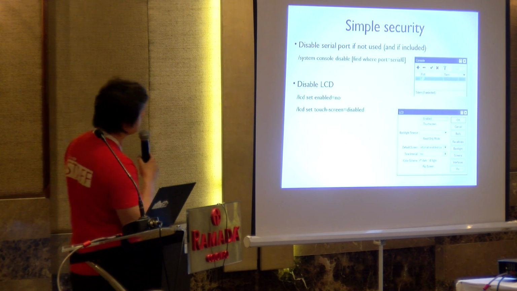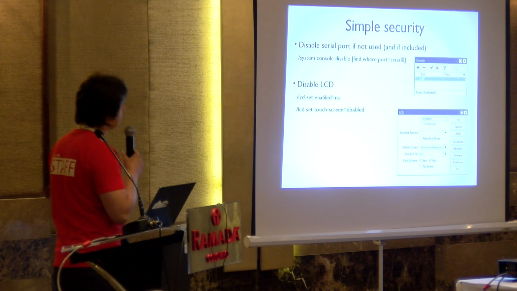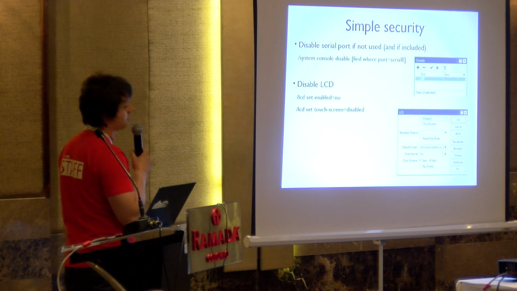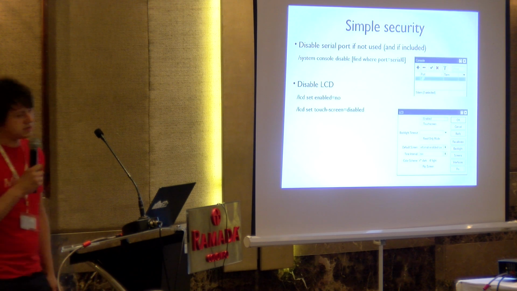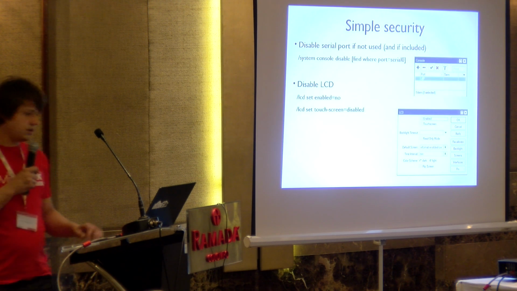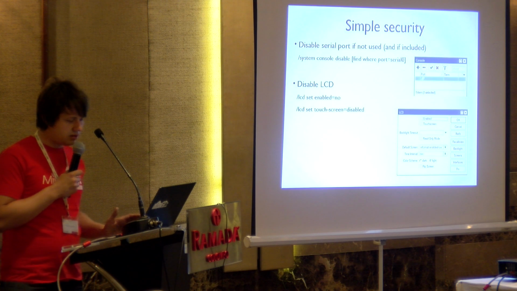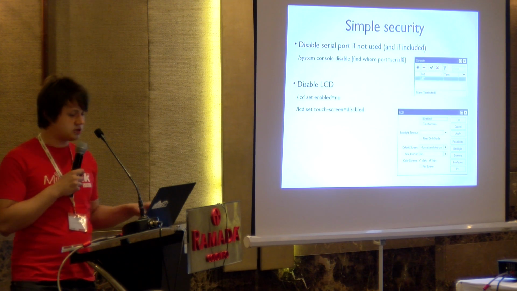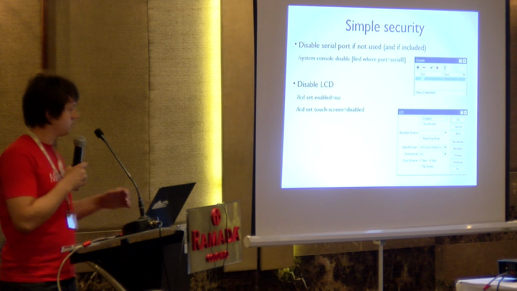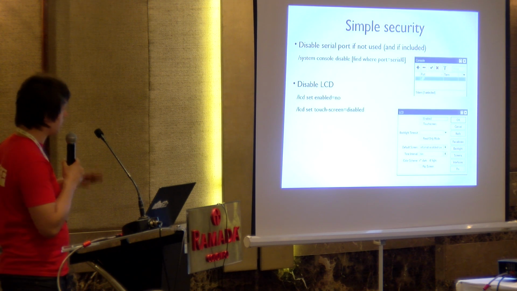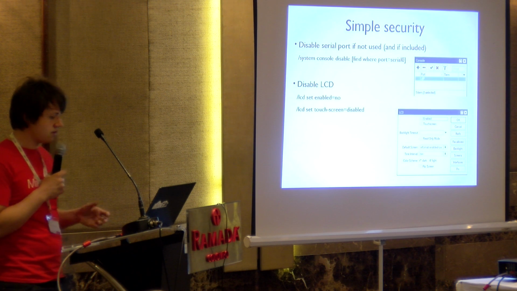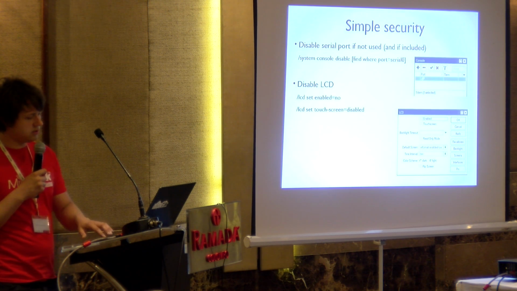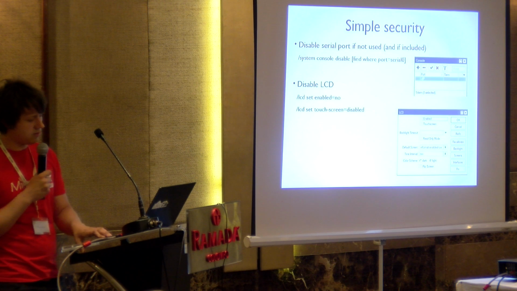If your router is placed in a public place, you can also disable this console, and the same goes for the LCD. If you don't want to show anything, by default there's traffic. The LCD will show the current traffic, some basic router status information, and so on. If you want, you can just disable it with one click.